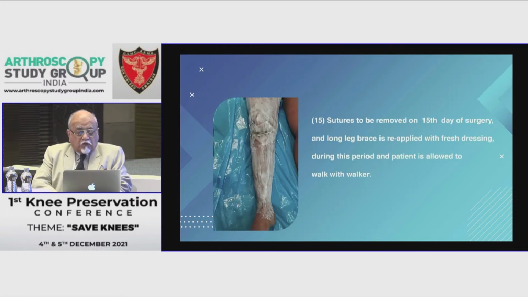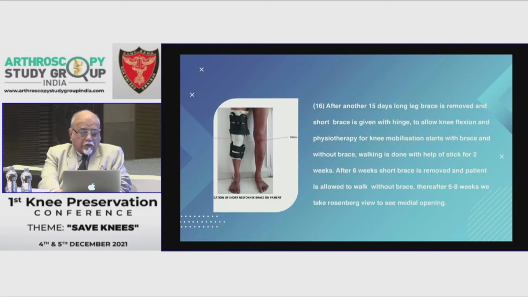Sutures to be removed on 15th day of surgery and long leg brace is reapplied after application of the anti-allergic and antifungal ointment painted over the whole limb, and fresh dressing is put and the long leg brace is again applied and patient is allowed to walk with the brace on with walker.